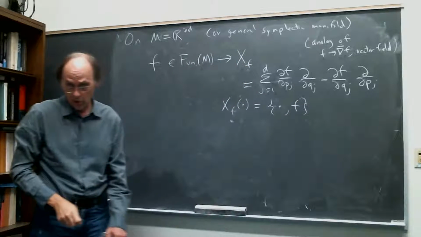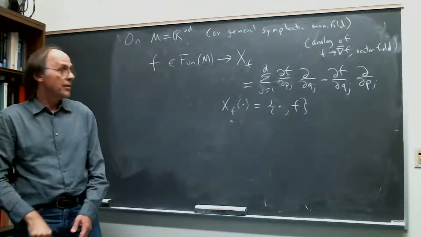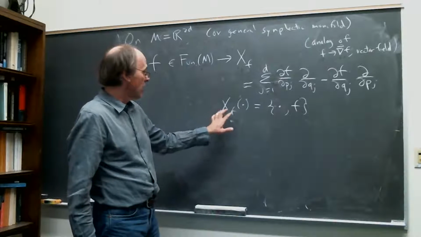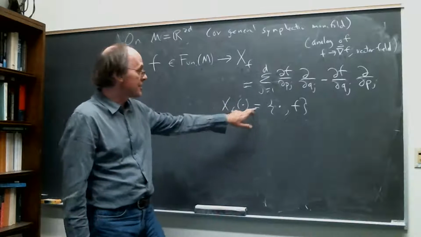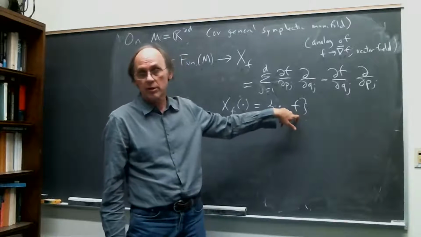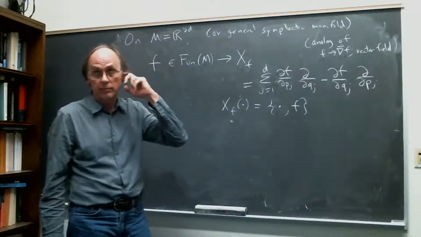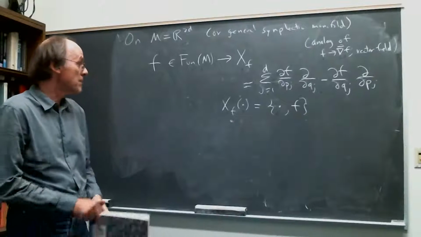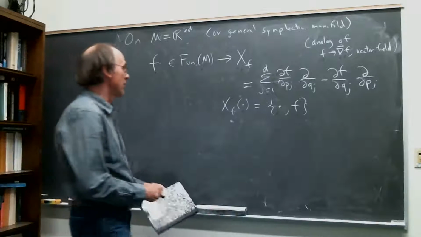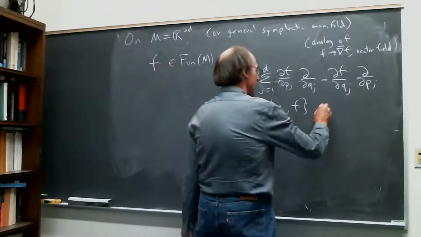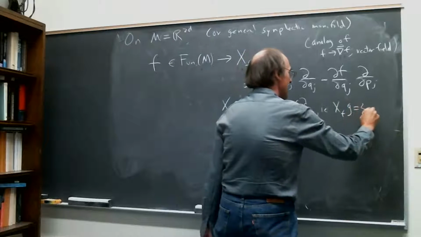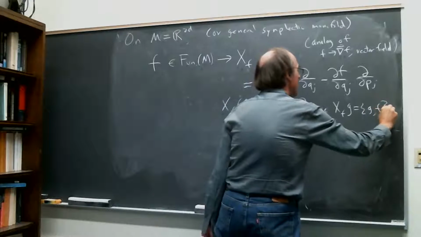If you go back and look at the formula for the Poisson bracket, applying this vector field to a function is the same thing as Poisson bracketing the function with f. Or another way of saying this, i.e. X_f of some g is {g, f}.